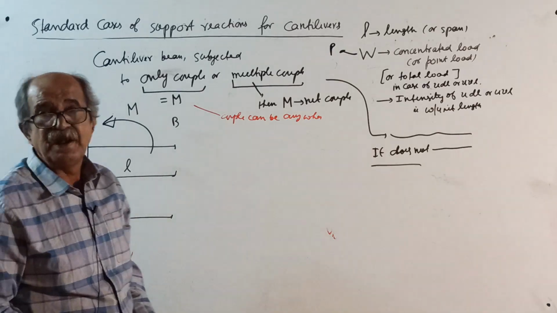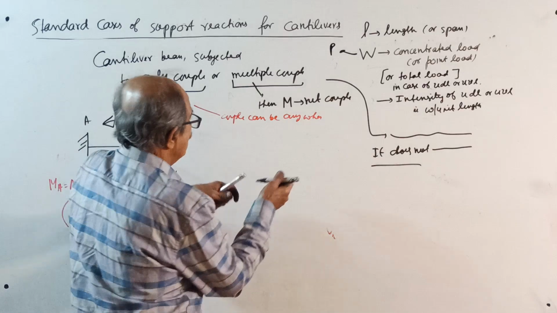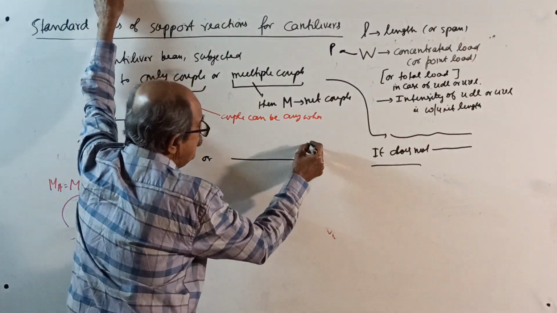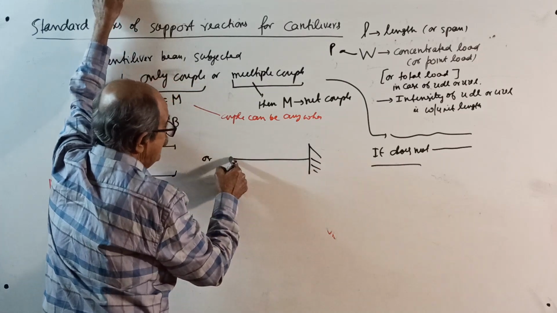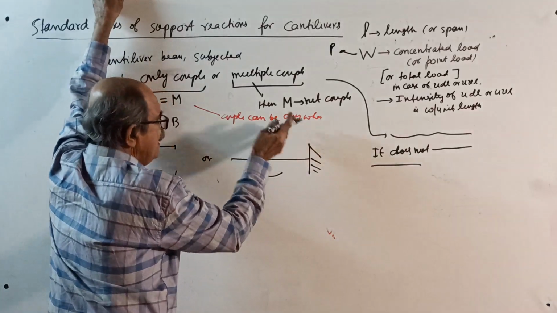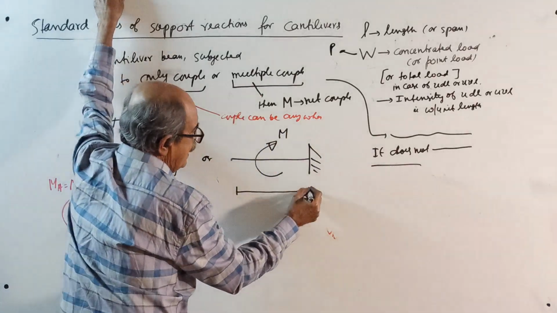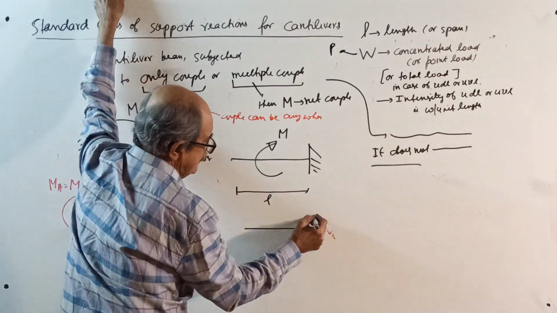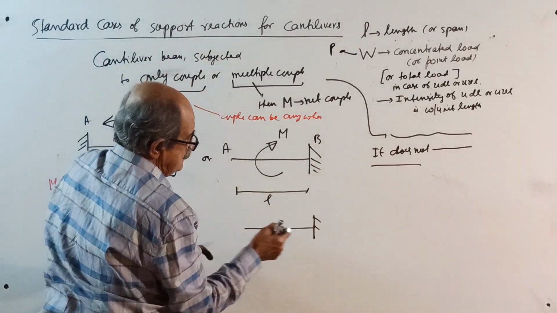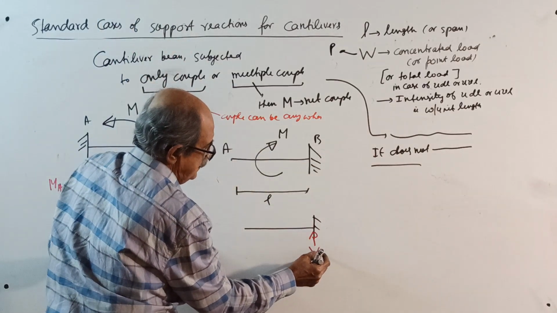One more case. Write this case. Or if the beam is fixed at right end, here, and if there is a clockwise couple M anywhere on span L, the reaction will be at B. This reaction VB equal to 0.